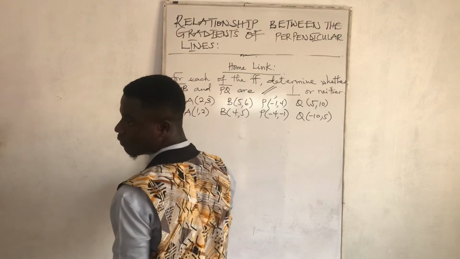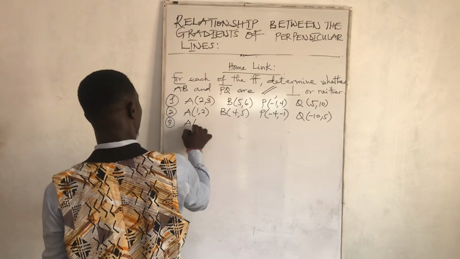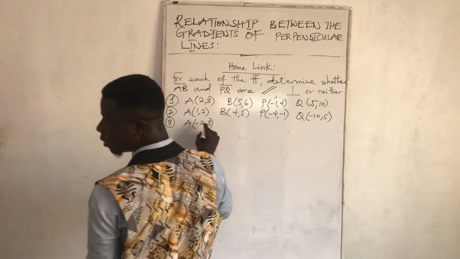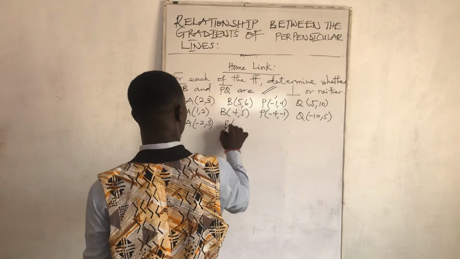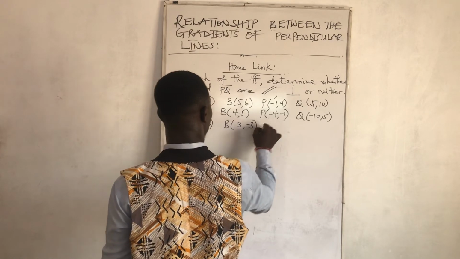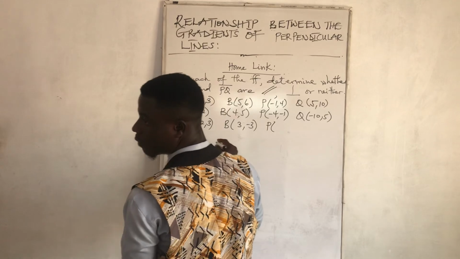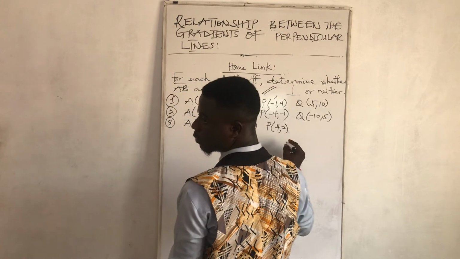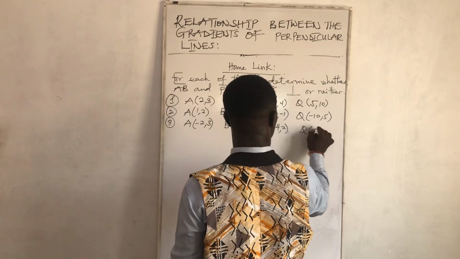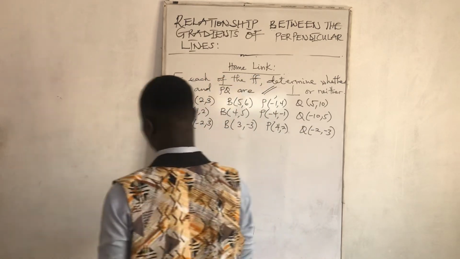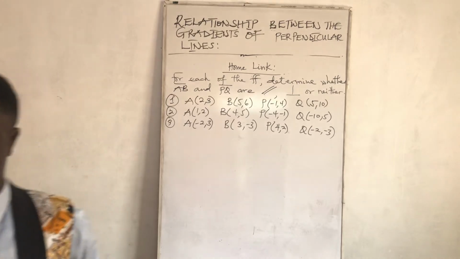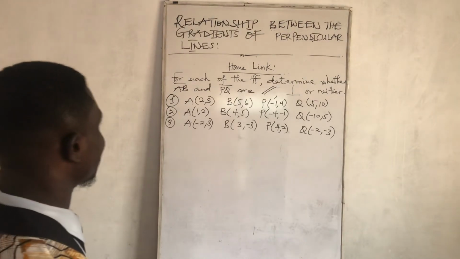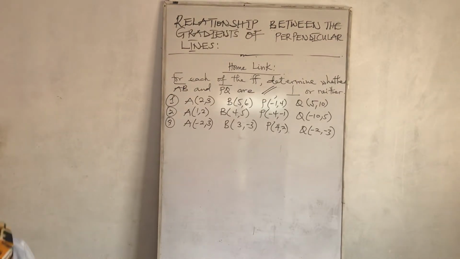Then 3: we have point A (2, 3), point B (3, 3), point P (4, 2), point Q (2, 3). So kindly write it faster.